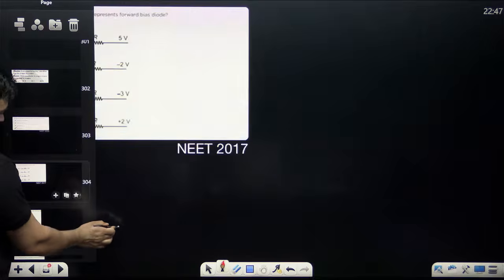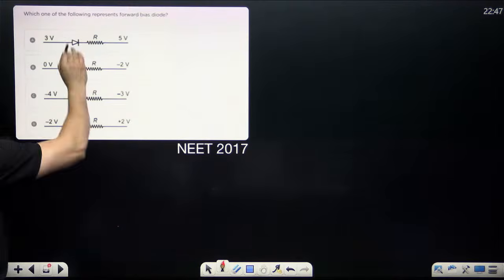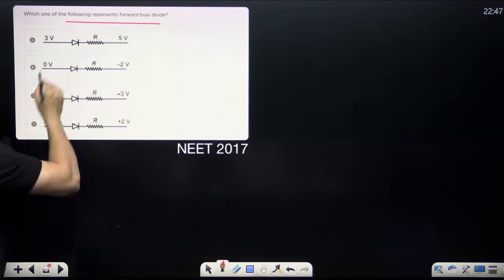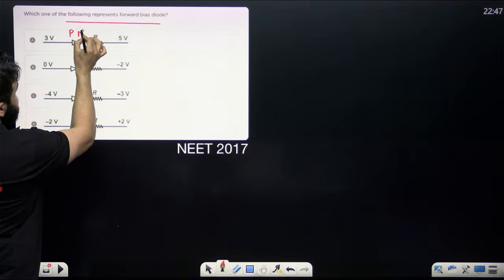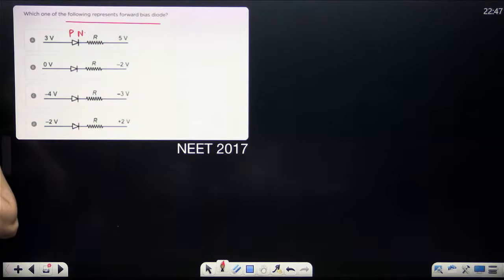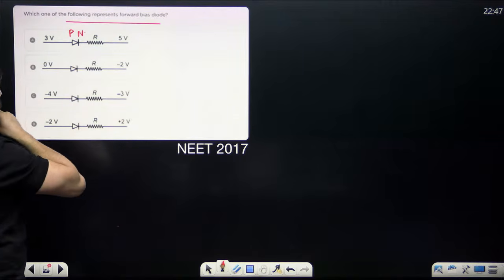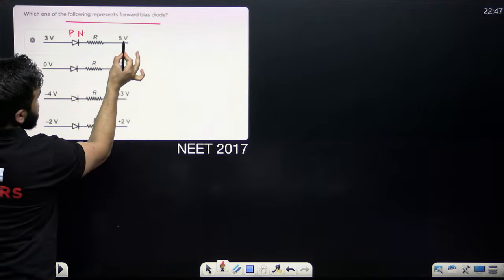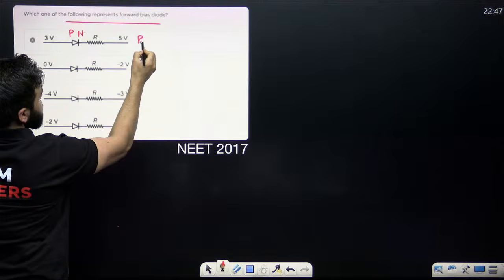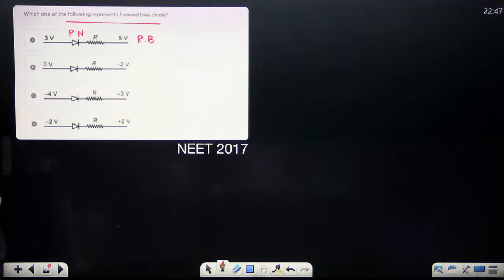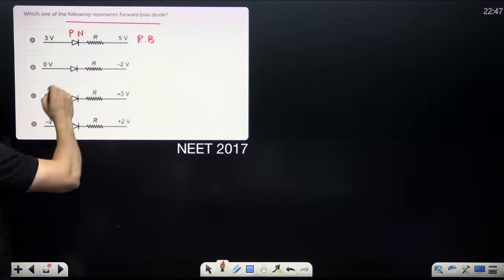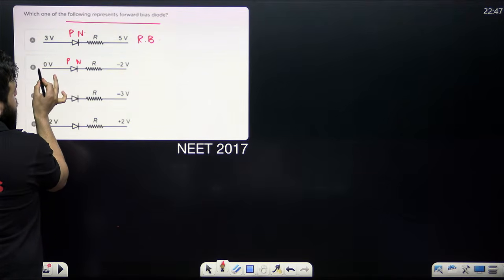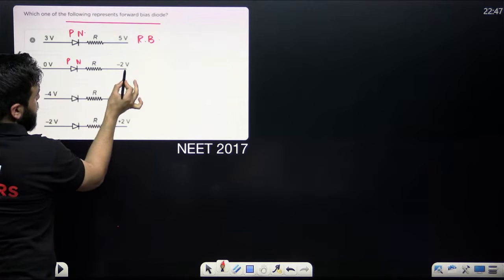NEET 2017. Which of the following diodes is in forward bias? This is the P side of the semiconductor, this is the N side. Here the P side is connected to lower potential, the N side to higher potential. This is reverse bias. Here the P side is connected to 0, higher potential, and the N side to lower potential.